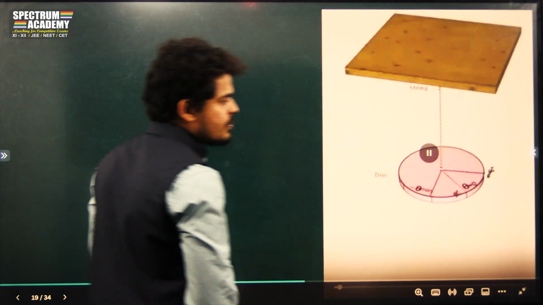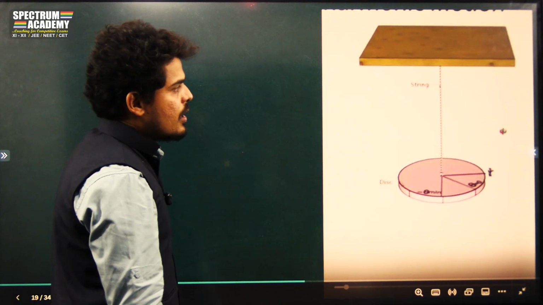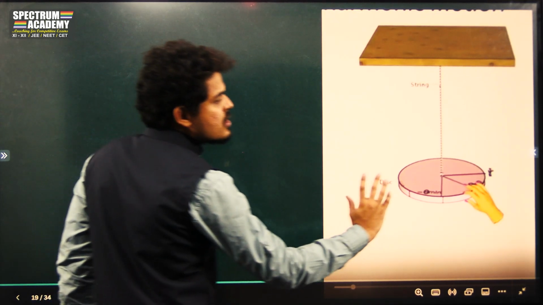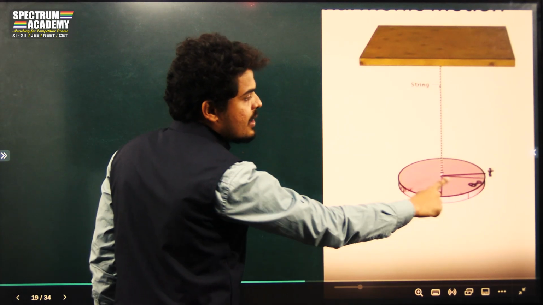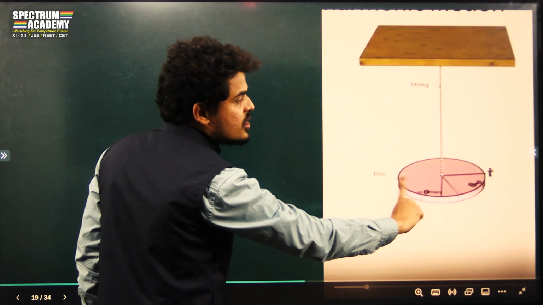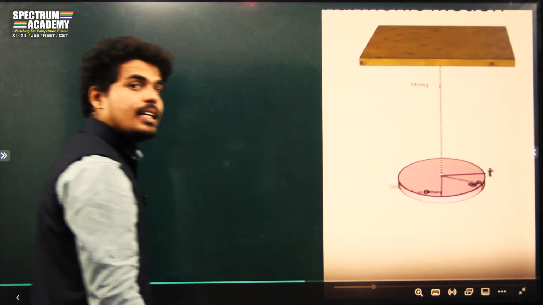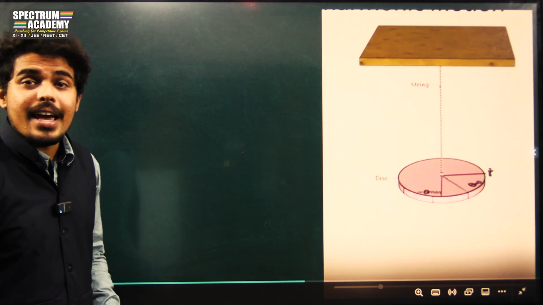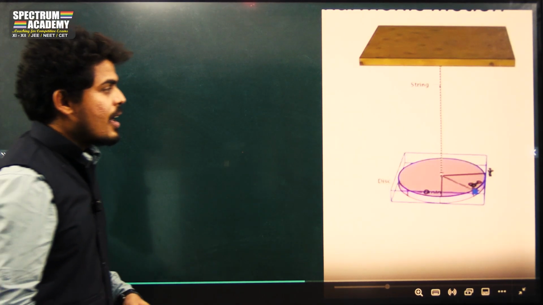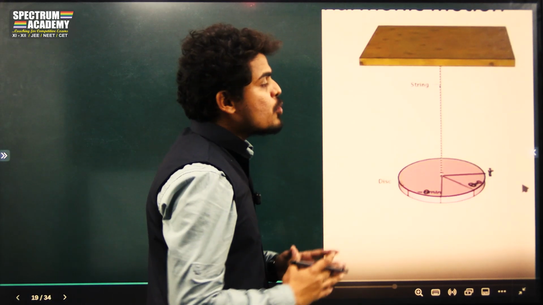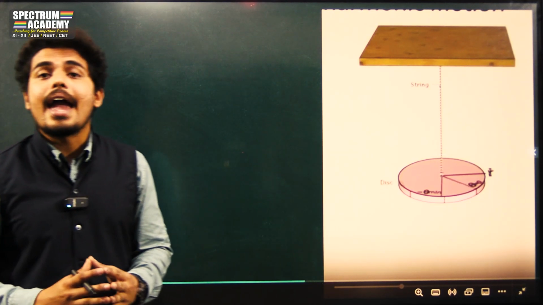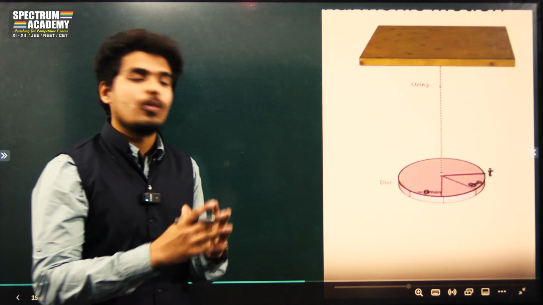You can see the oscillation about the mean position. Those oscillations are called angular oscillations, and the entire motion is known as the angular simple harmonic motion.